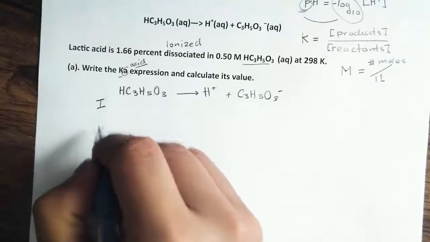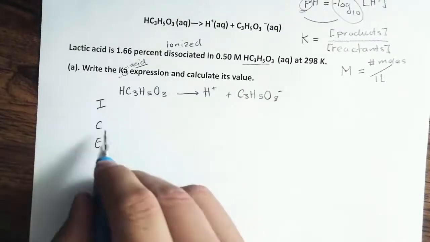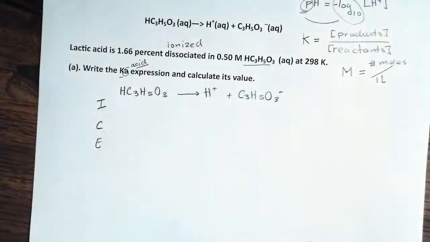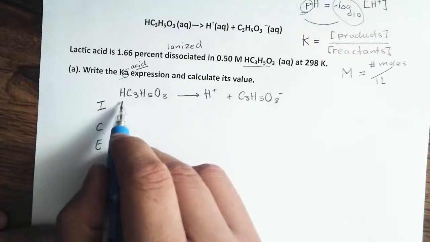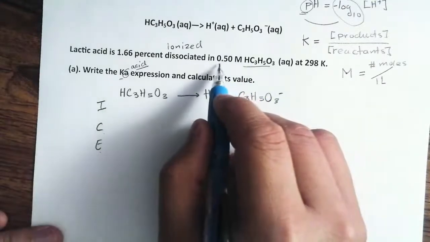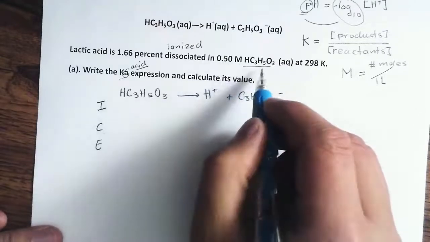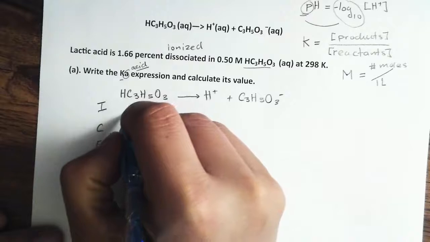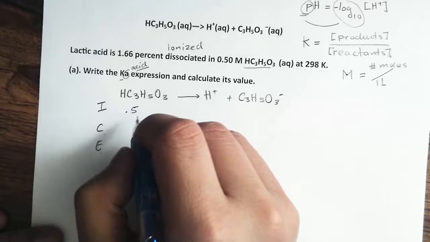And of course, the ICE table will look like this: ICE, initial, change, and equilibrium. For the initial of the lactic acid, if we go back to the problem, it's given to us that we have a 0.5 molarity. So of course this is your initial. At the beginning of the chemical reaction, we have 0.5 molarity.